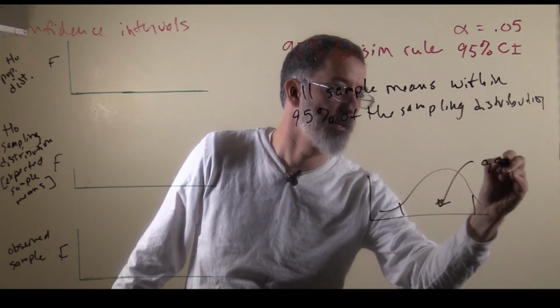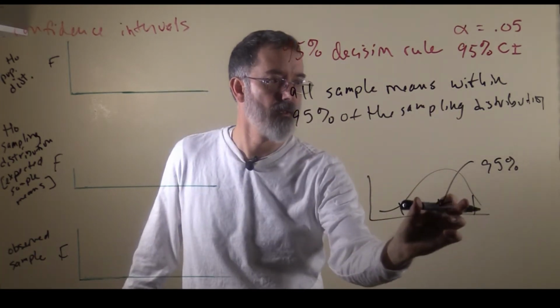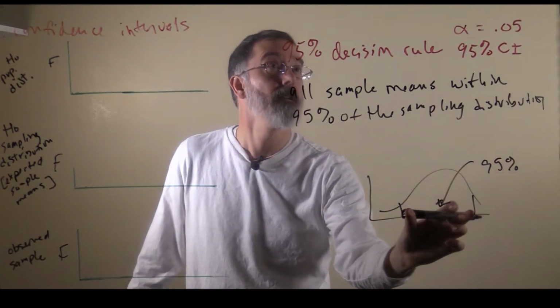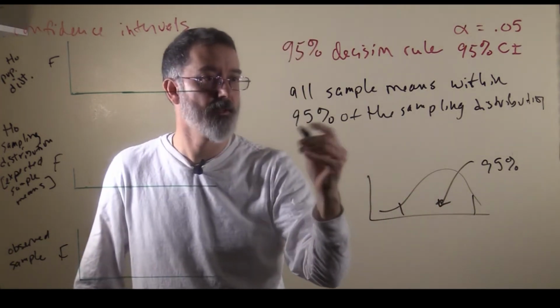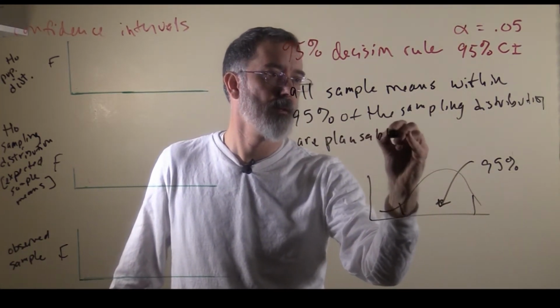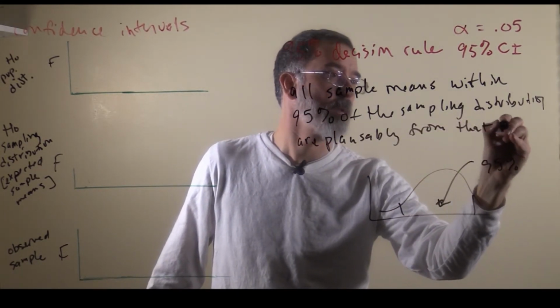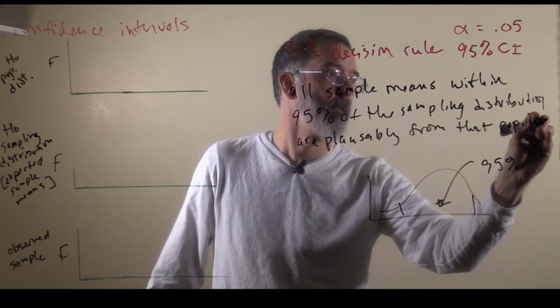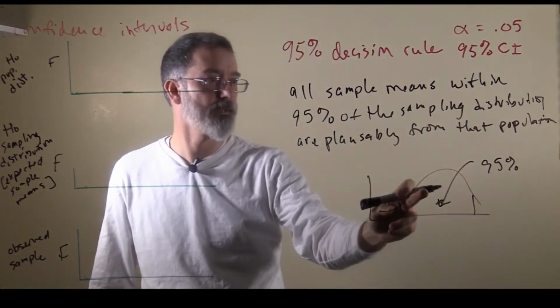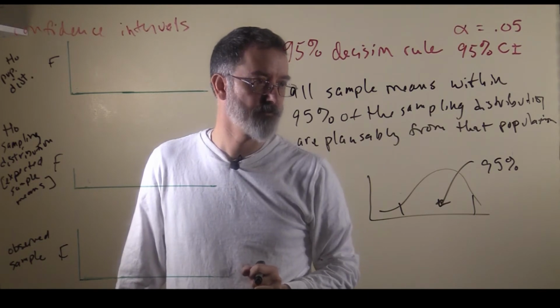I just mean by that the 95% in the middle. So all sample means within this area, we decide they are plausibly from that population. That is the population that produced the sampling distribution where 95% was there.